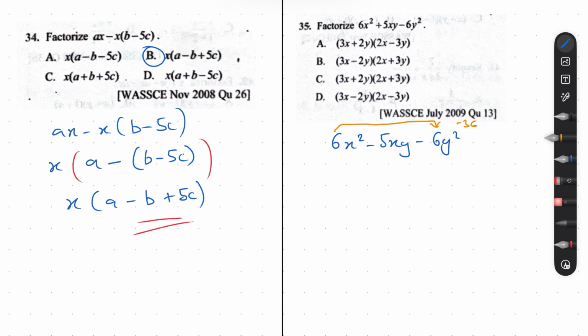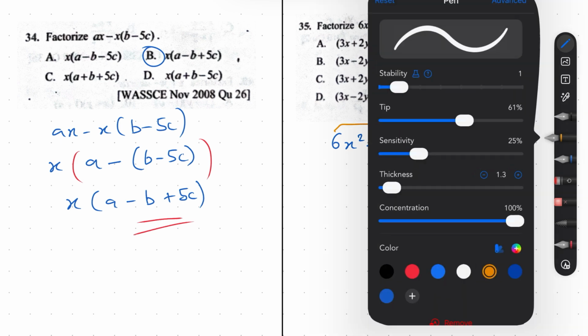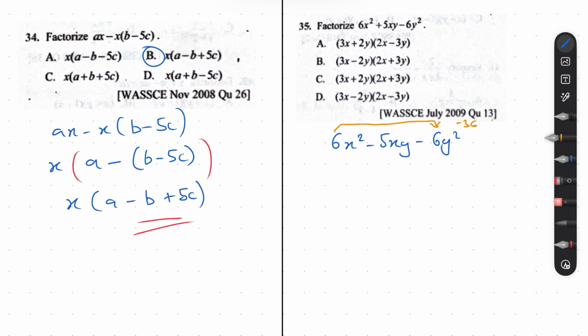Now tell me, which two numbers, when you multiply, you get negative 36, and then when we add them, you get negative 5? Think about it. I think we can have negative 9 and positive 4. Is that it? Yes, we can use that.